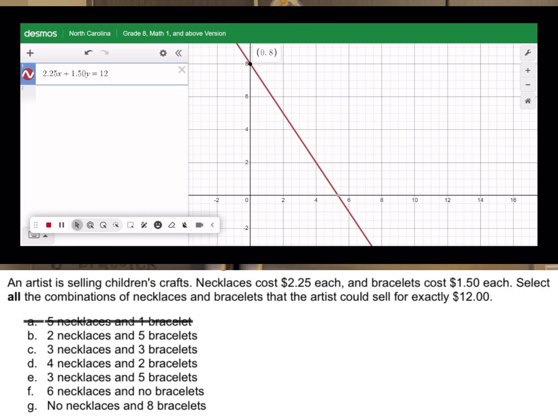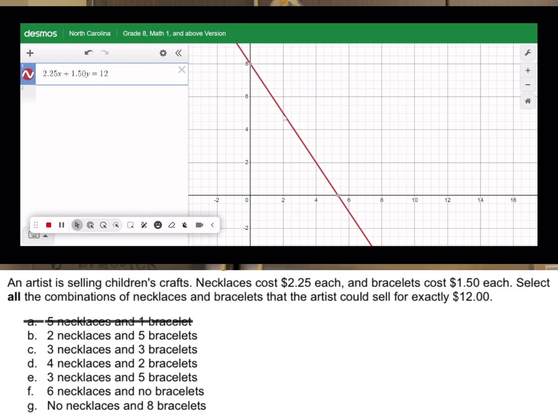So 2 necklaces, 5 bracelets. I'm gonna go till my X says 2, because I know that X represents my necklaces. When I get to 2, you kind of gotta play around with it. Oop, there it is. When I get to 2, my Y, which is my bracelets, is 5.